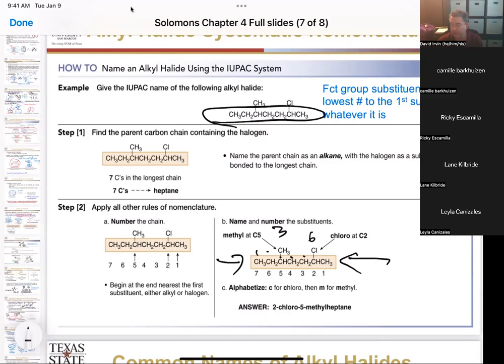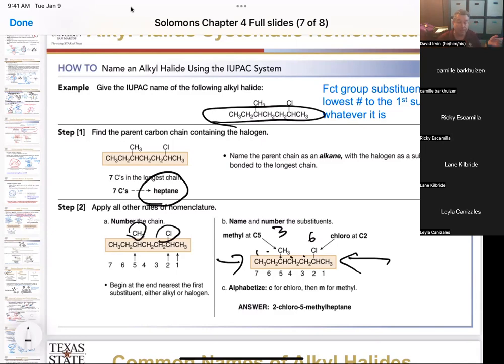In this case, it's 7, so that's heptane. There are no double bonds, no triple bonds, it's not an ene, not a yne, there's no alcohol, so it's just an alkane. So it's heptane, and we have 2 substituents, making our lowest substituent positions 2 and 5. Now we alphabetize.